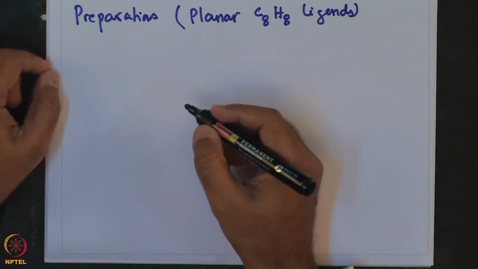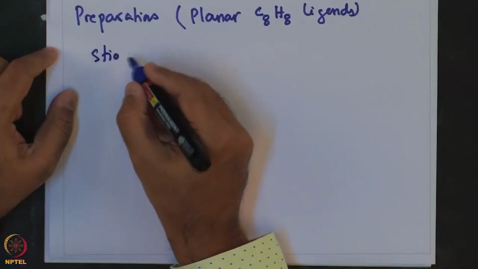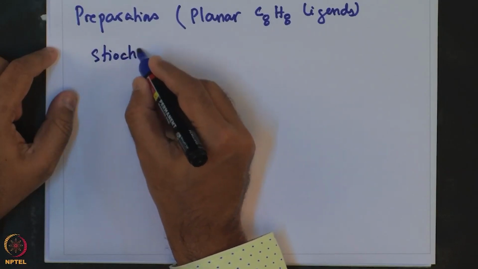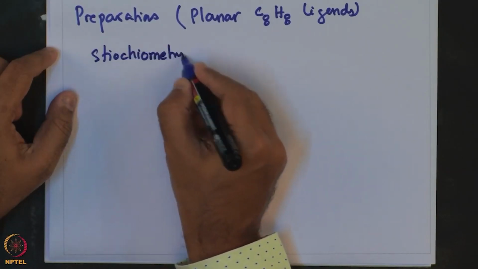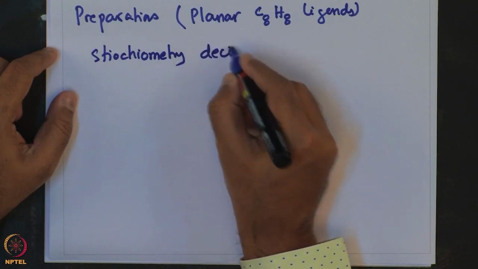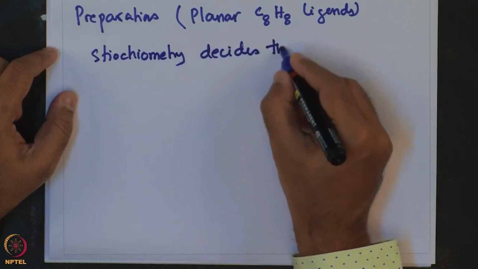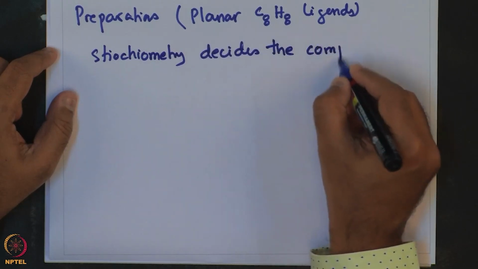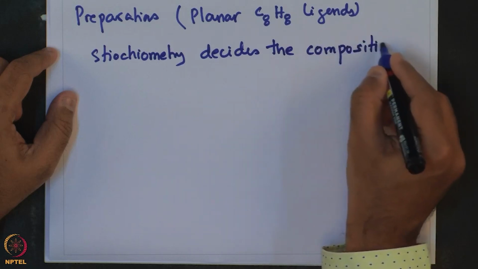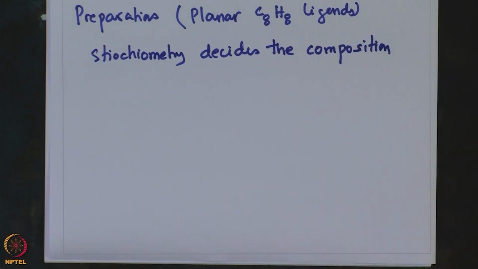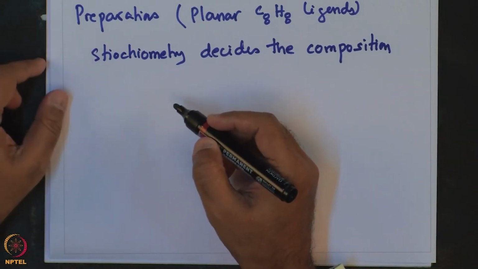Now, for these, it is observed that the stoichiometry decides the composition of the complex. And this can be illustrated by the following two reactions in which two different complexes of C8H8 and titanium were obtained.